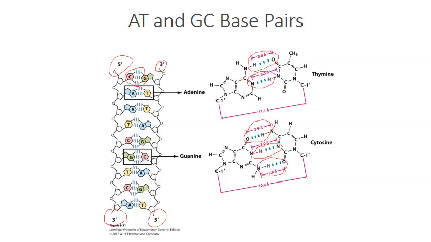Because the AT base pairing only has 2 hydrogen bonds, we consider that a weaker base pair than the G and C. So organisms like bacteria that live at really high temperatures tend to have genomes that are high GC, stabilizing the interactions between their DNA.